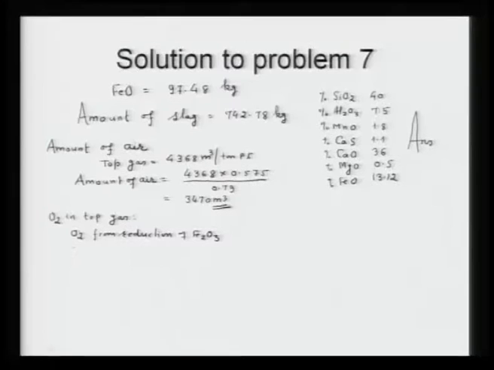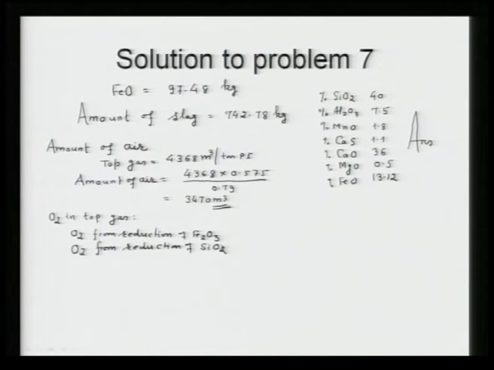Similarly, if you see pig iron, it also contains silicon. So, silicon is also formed from the reduction of SiO2, and accordingly the corresponding amount of oxygen equivalent to silicon in pig iron has been released into the top gas. So, similarly we can have oxygen from reduction of SiO2.